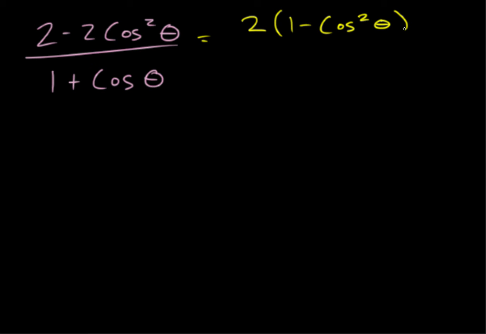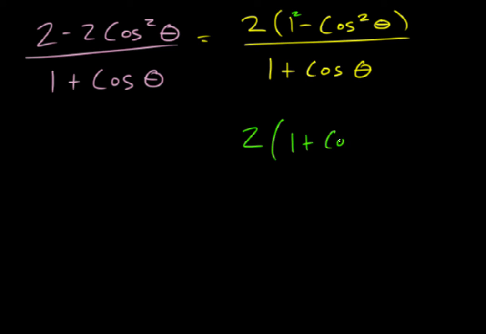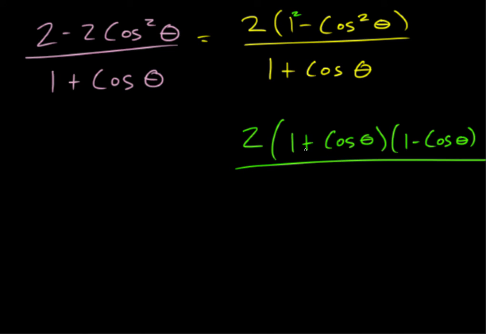Now, the bottom, we're just going to keep as 1 plus cosine theta. Now the top, because 1 can be seen as 1 squared, we can use the difference of squares method. And that's where we do 1 plus cosine theta, 1 minus cosine theta. Now there's implied parentheses on the bottom. That might make it a little bit easier to see that those two can cancel. And then we're just left with 2, 1 minus cosine theta.